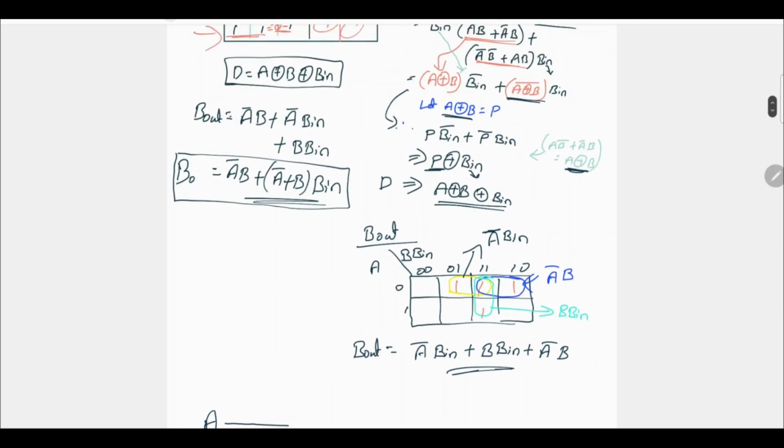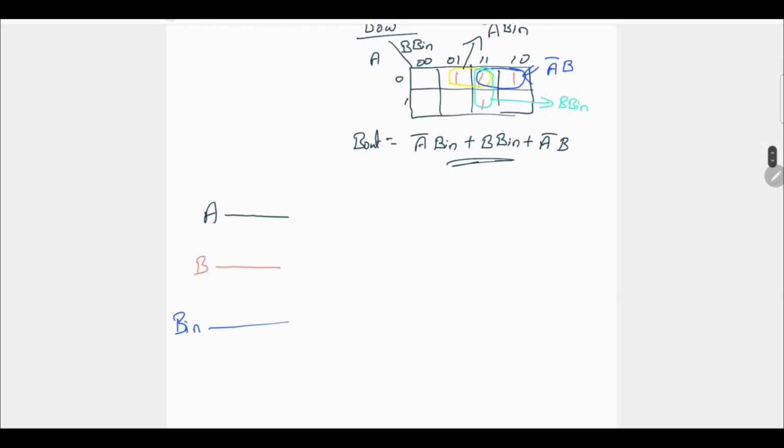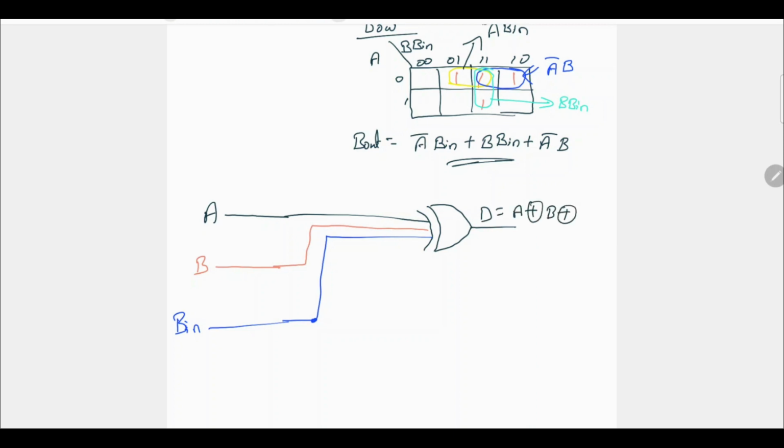Now first we will draw the diagram for D. D is A XOR B XOR B in, so we need to XOR all these. This is D, the difference. You can use two XOR gates: the first XOR gate performs the XOR operation on A and B, and the resultant is XORed with B in.